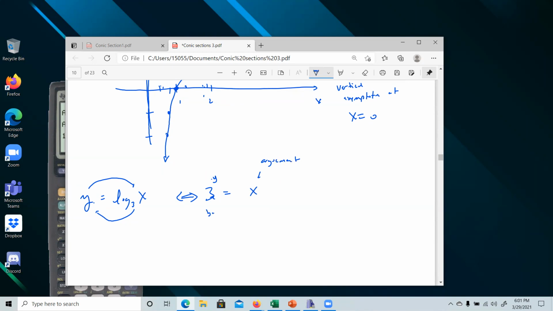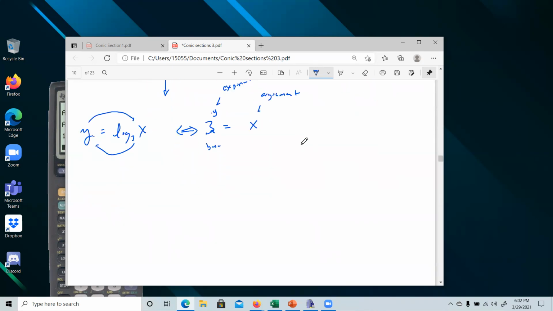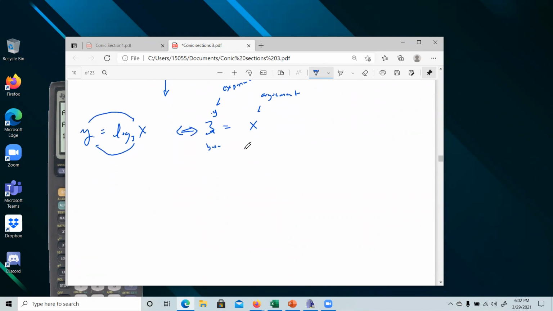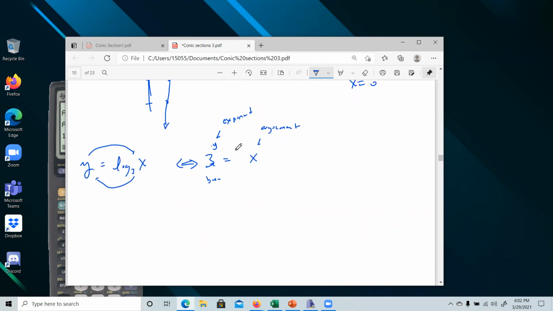So we have the base raised to the exponent is equal to the argument. Just memorizing this form is going to help us figure out how this is going to work.